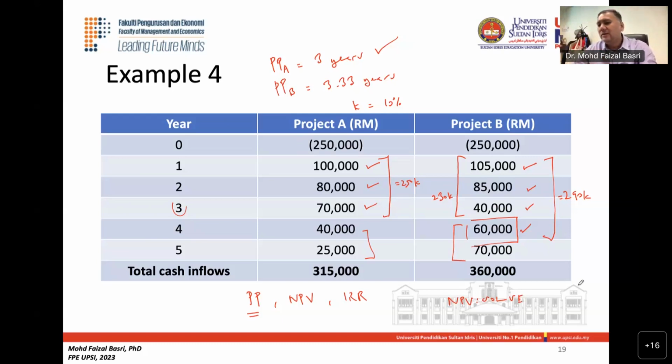You have to wait for a while, and automatically it gives the NPV for project A, 2,460 ringgit and 40 cents.